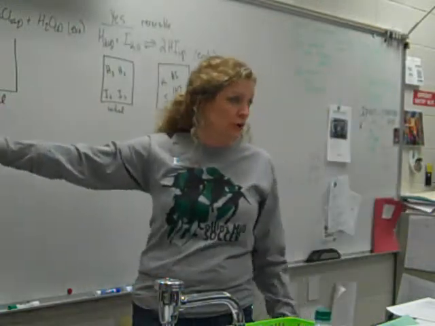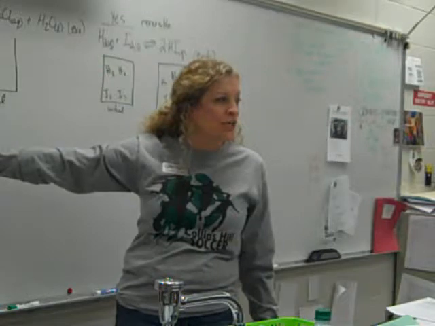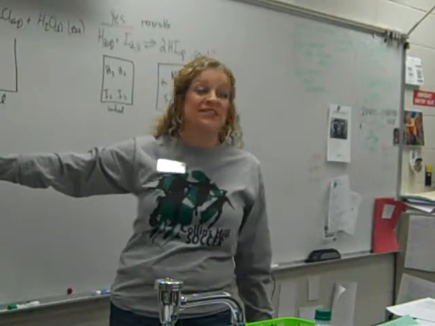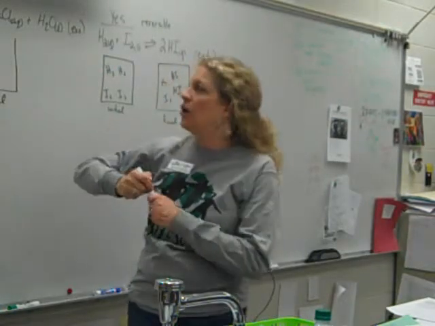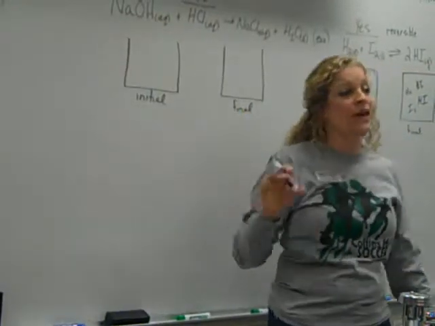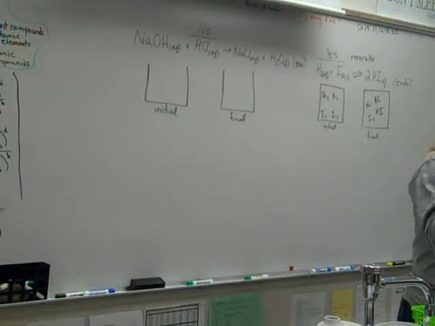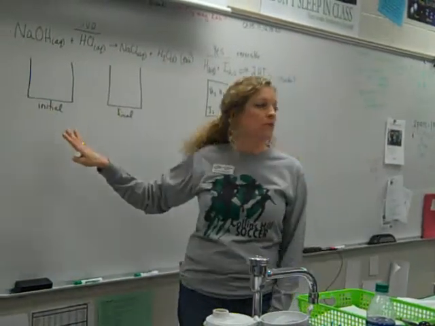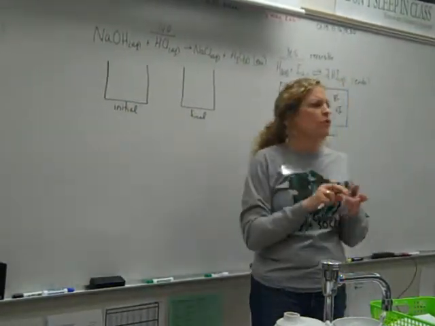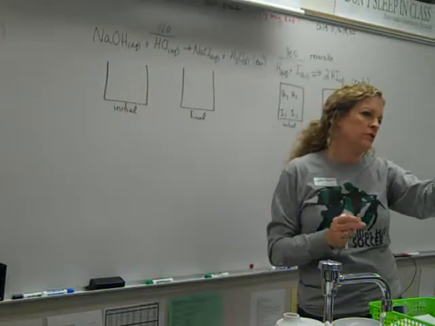All right, over here, does this one go to completion? Yes, it does. So let's start with our reactants. Now here, in addition to starting with reactants, I wanted to see if you guys remembered what breaks up. What are the three things that break up in solution?